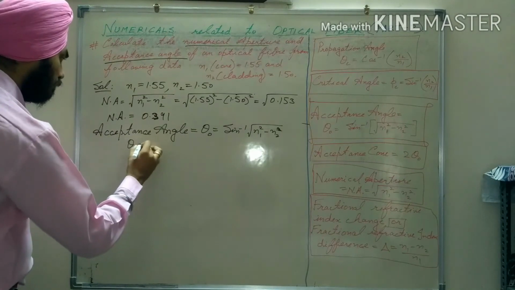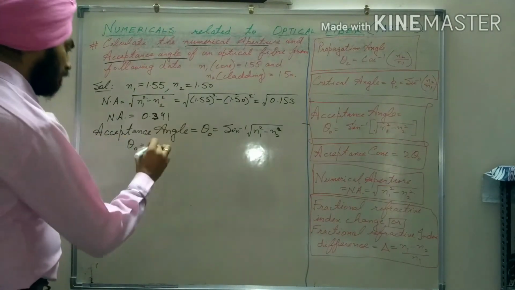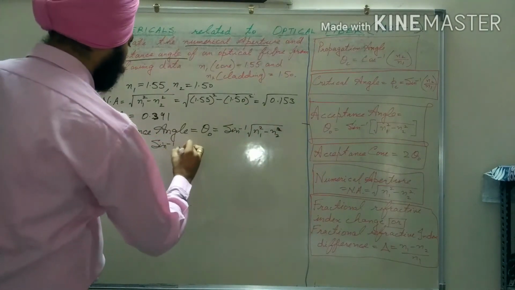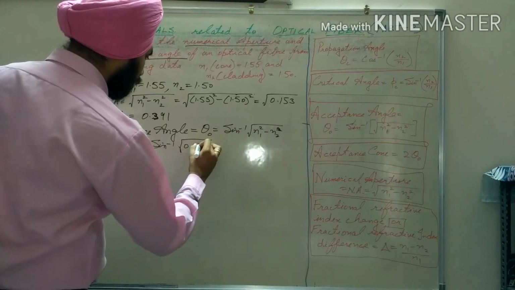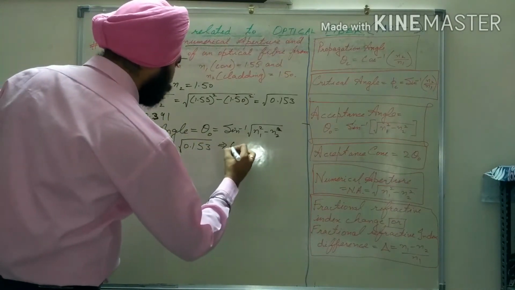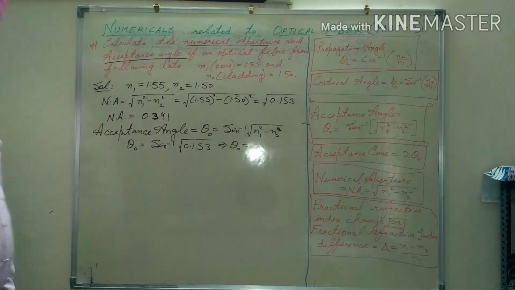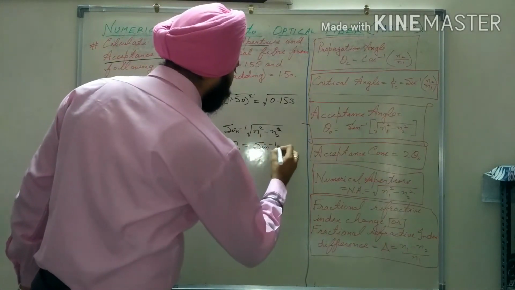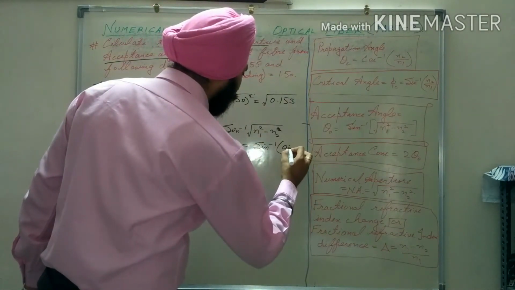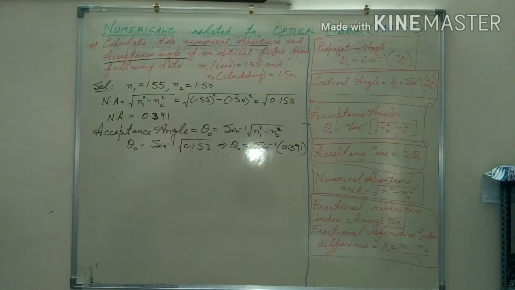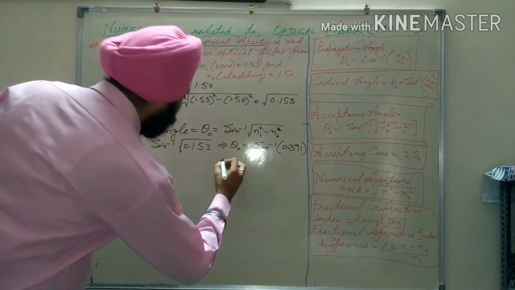So theta naught is sine inverse of the square root of 0.153, that is sine inverse of 0.391, and that becomes 23.02 degrees.